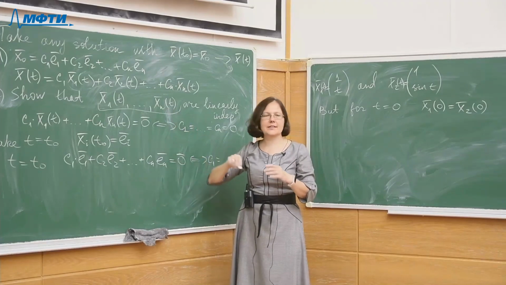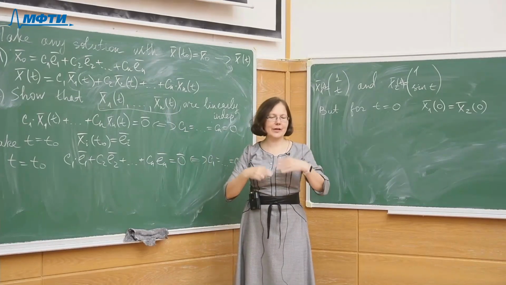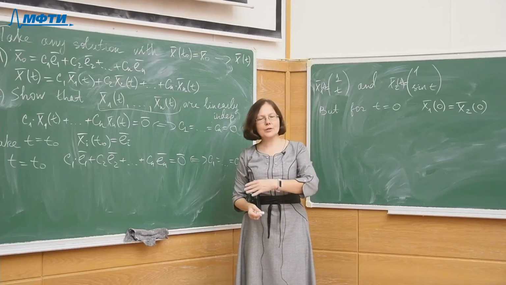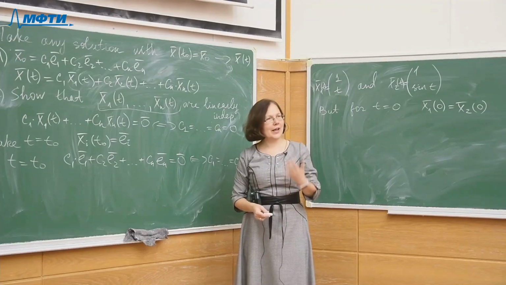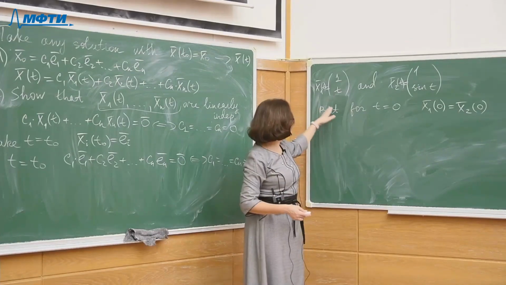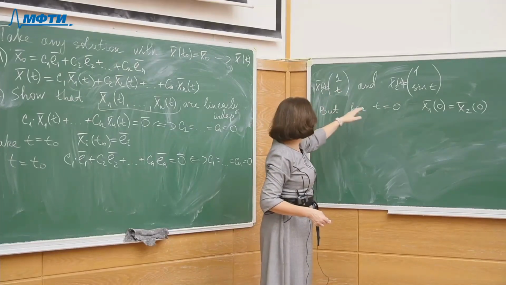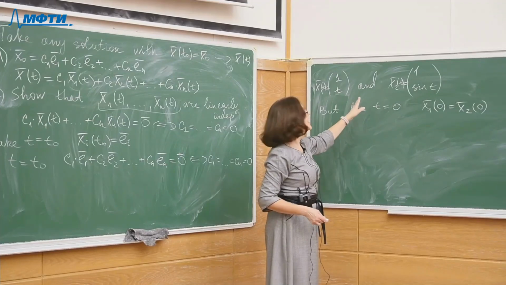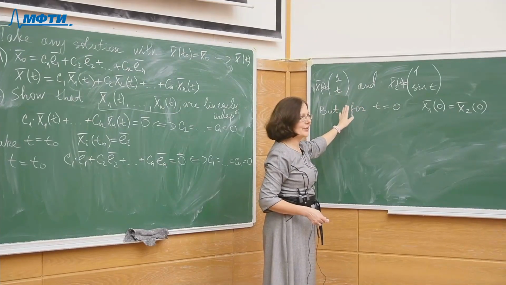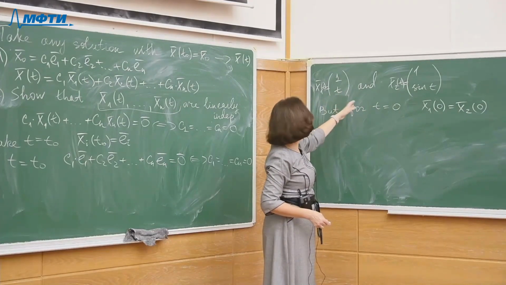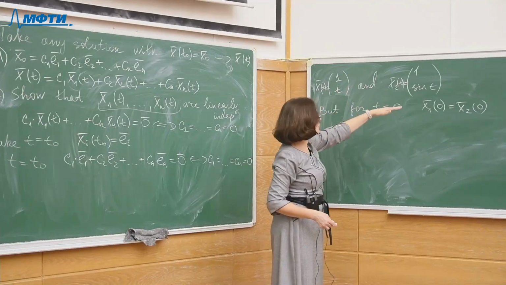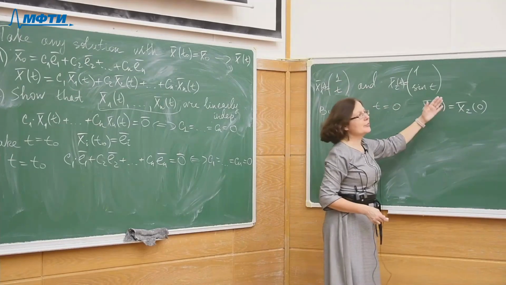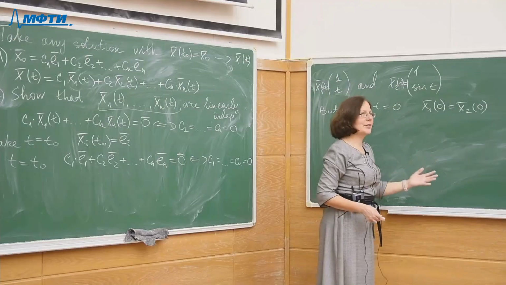These vectors are linearly dependent for any t or linearly independent for any t. So the situation like this is impossible for solutions of a differential equation. It is impossible for two vectors to be linearly dependent at one point and linearly independent for other points.